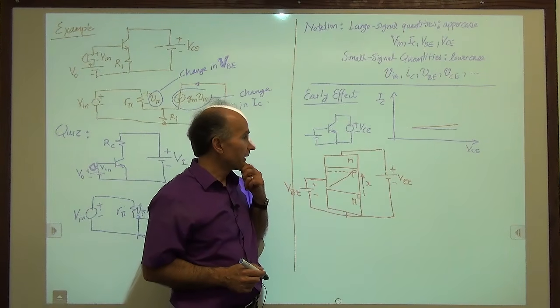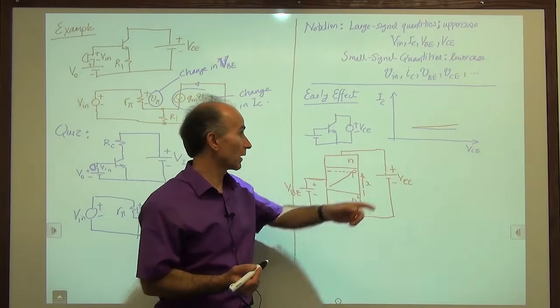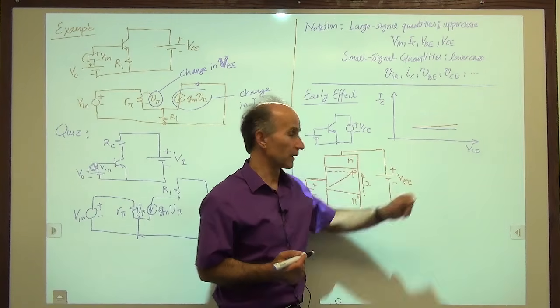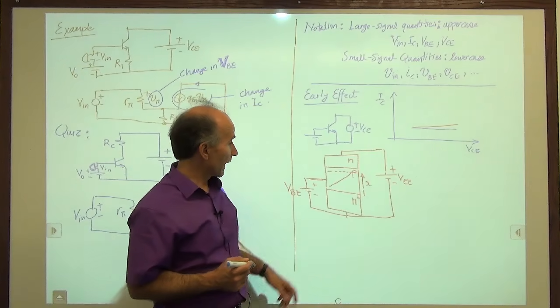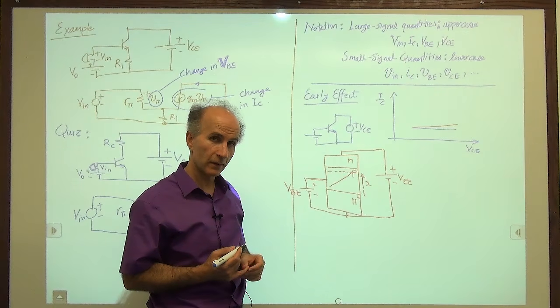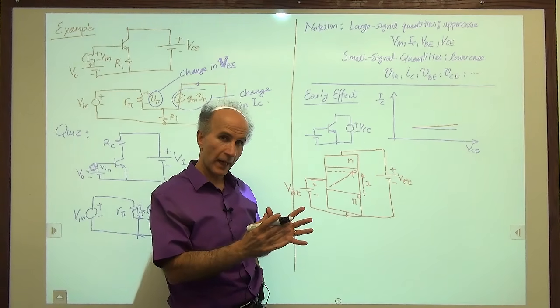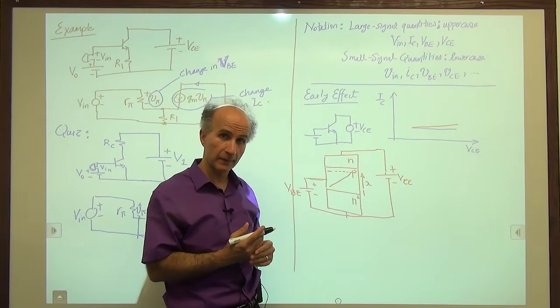All right. Now let's go ahead and increase the collector emitter voltage. So we are, let's say, over here. Now we go over here. And remember that this is a reverse biased junction. What happens if we take a reverse biased PN junction and make it more reverse biased?